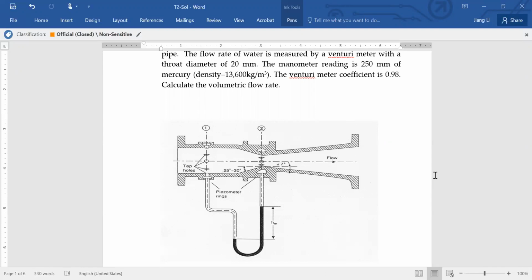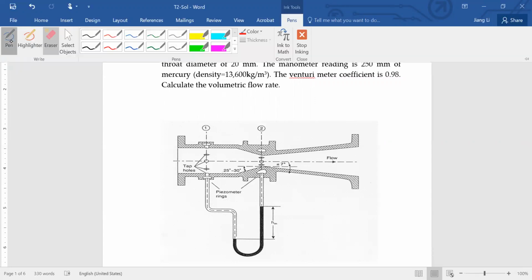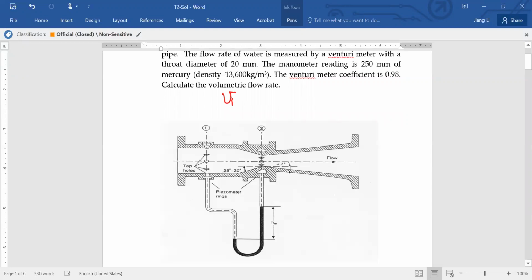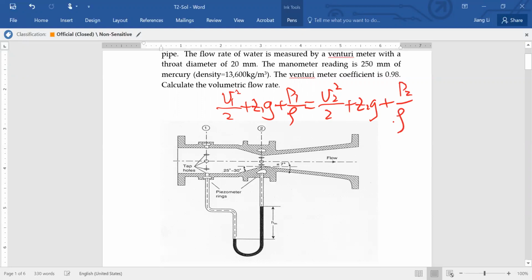Let's recall the Bernoulli equation you learned before, which is V1 squared over 2 plus Z1 G plus P1 over rho equals V2 squared over 2 plus Z2 G plus P2 over rho, right?